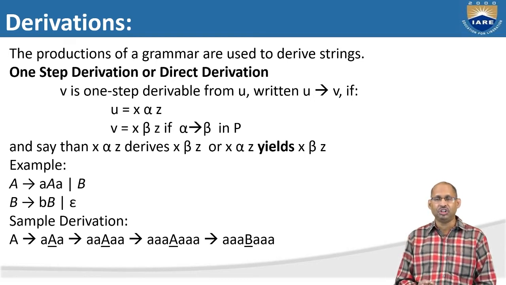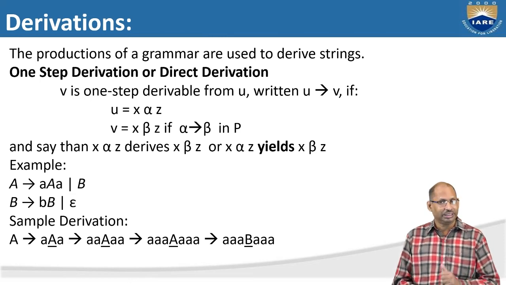Always the derivation of a string should start from the starting variable S. If S gives A, so from production number 1, we are deriving A gives A, right? Then we are using the same production 1 and we are replacing A as capital A, 2S. And we apply the same once again. So 3S, capital A, 3Bs.